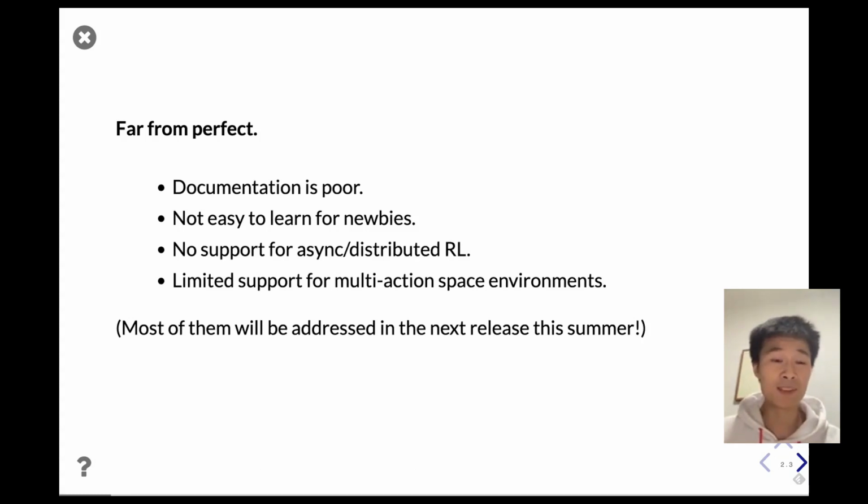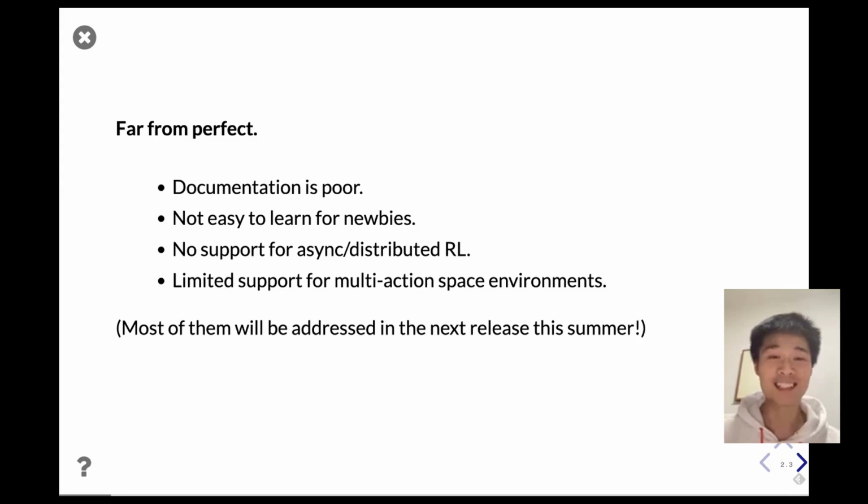Some people may say that the documentation is still poor, and it's not very easy for newbies to learn this package. Until now, we do not have good support for async or distributed RL. We also have only limited support for multi-action spaces, especially continuous action spaces. But most of these will be addressed in the next release this summer.